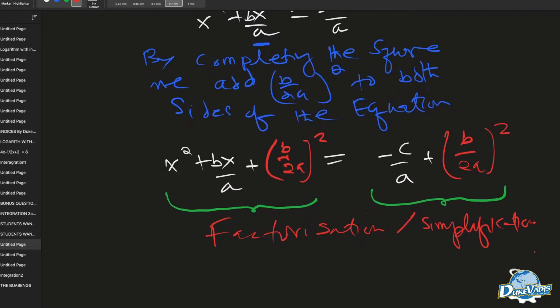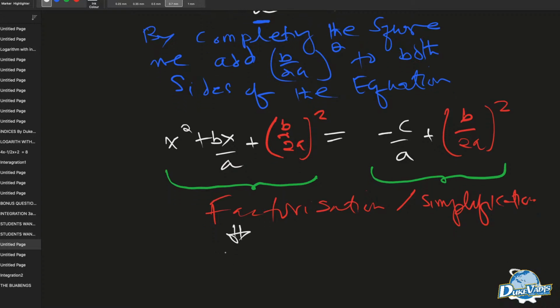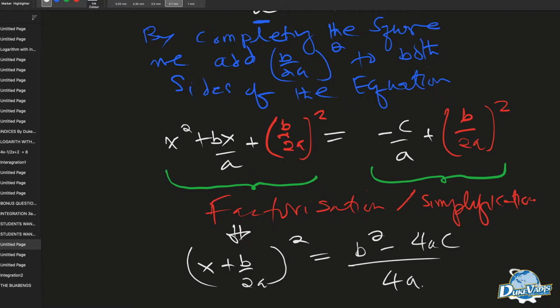All right. So since we have our equation x squared plus bx over a plus b over 2a squared equals negative c over a plus b over 2a squared, when we put this in composite, this will be x plus b over 2a all squared, which equals b squared minus 4ac over 4a squared.